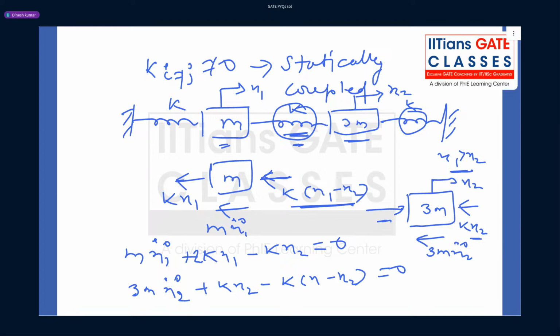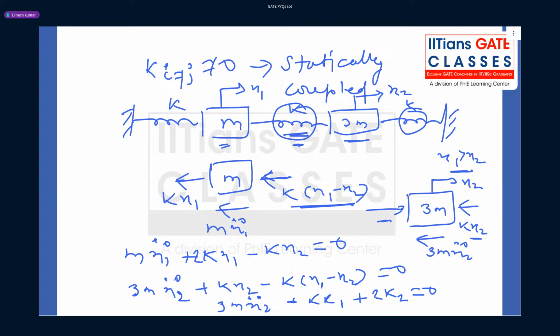Again, writing it out, you get 3m x2 double dot minus k x1 plus 2k x2 equal to 0.